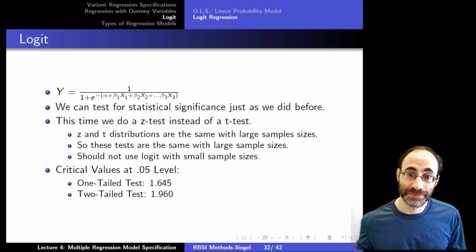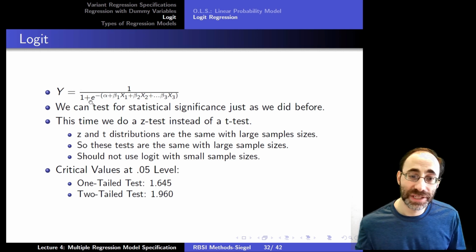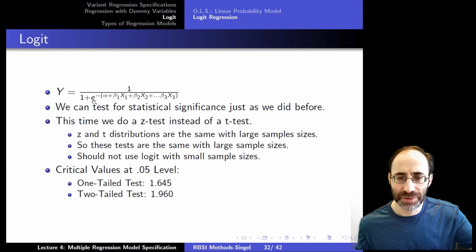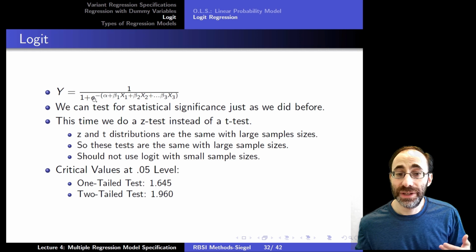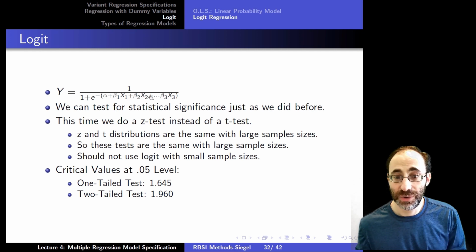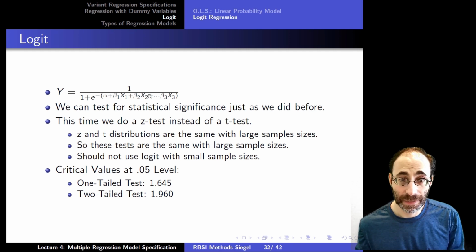Here's the equation for Logit. Y equals 1 over 1 plus e, where e is 2.71828 something or other, raised to the negative of your original model. So it's raised to the negative of alpha plus beta 1 x1 plus beta 2 x2 and so on. This is what the Logit model is.